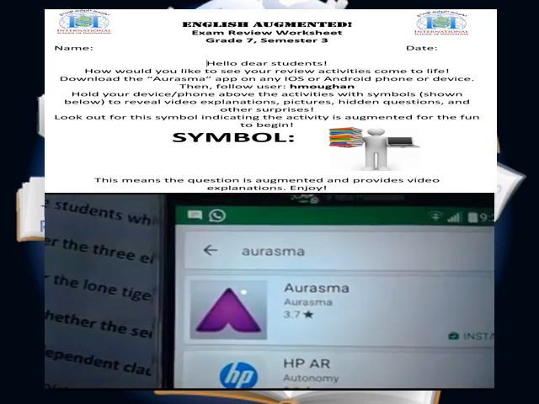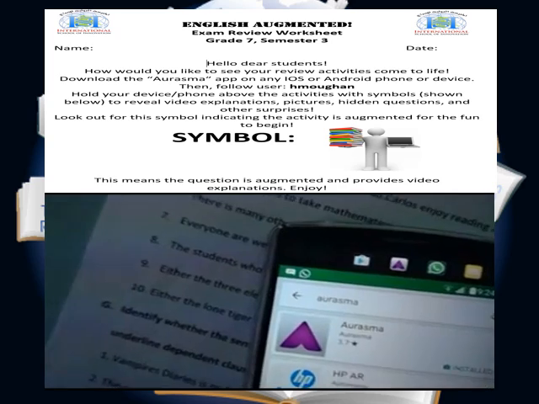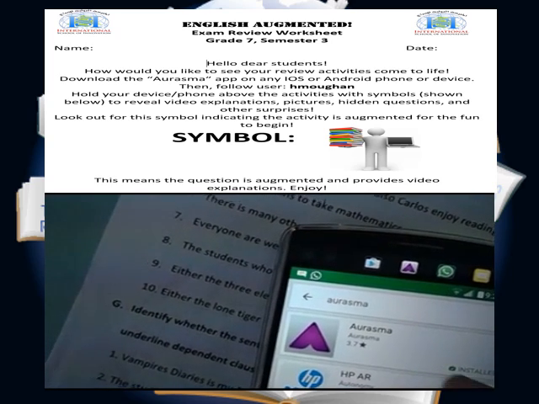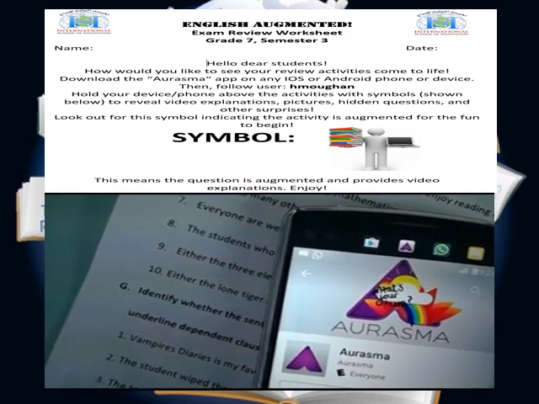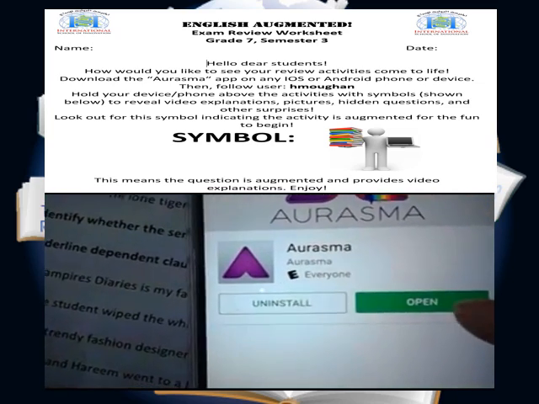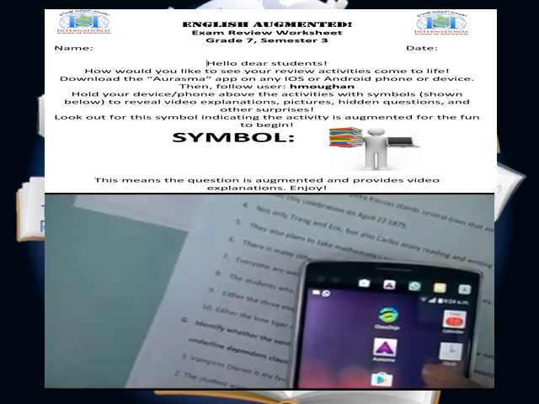Okay, and go ahead and click on this. I have it installed on my phone, so you should have an option for free, and you click on it, and then you should write install. It should have install on it, and then it should open and run properly in your background.